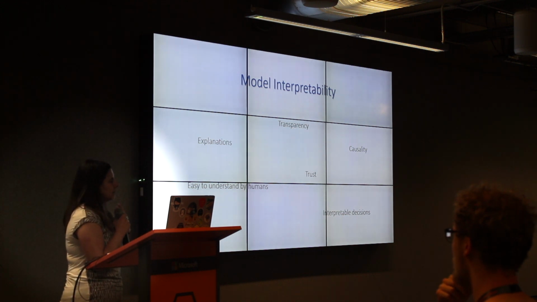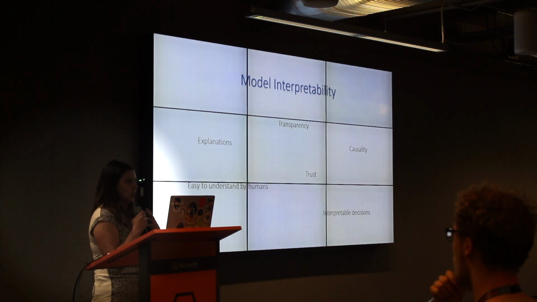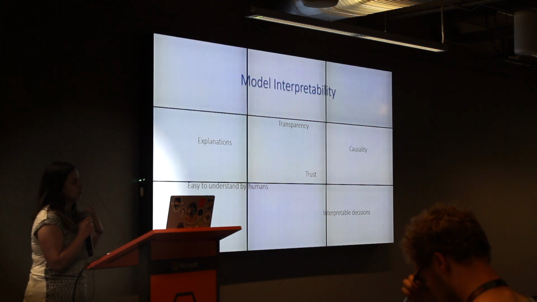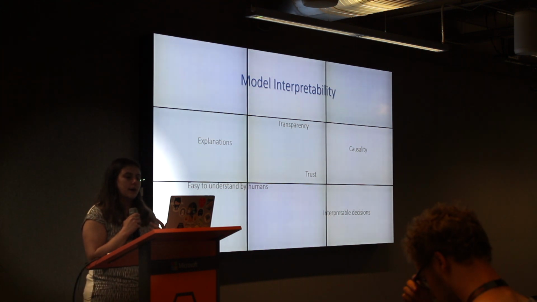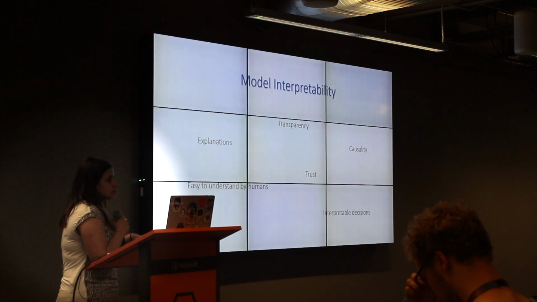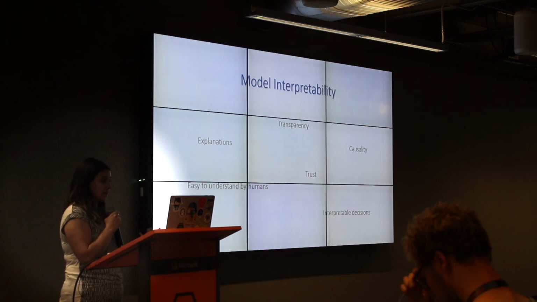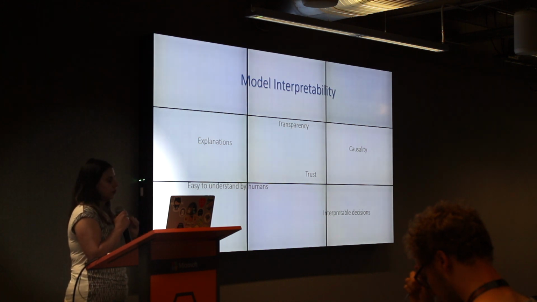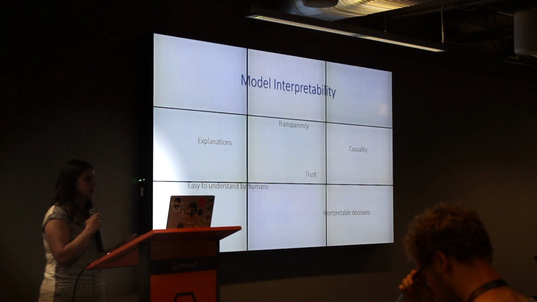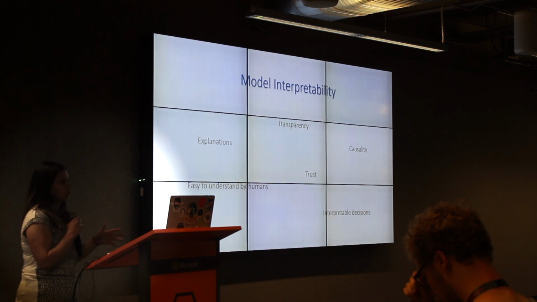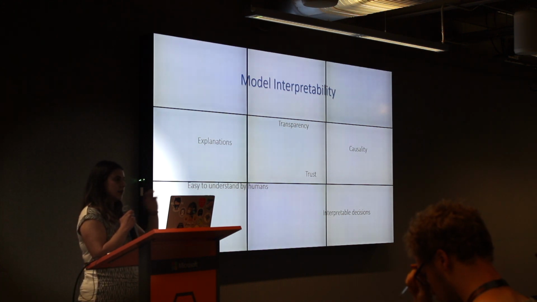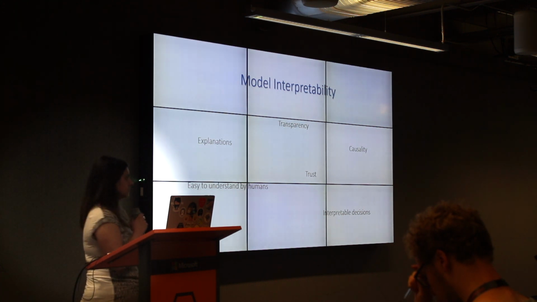So it's about putting it in words or something very easy for a human to comprehend. It's all about establishing trust. If you can understand how the model is behaving at a global level, or even at a very local level, you can start trusting it more rather than thinking about it as a black box.